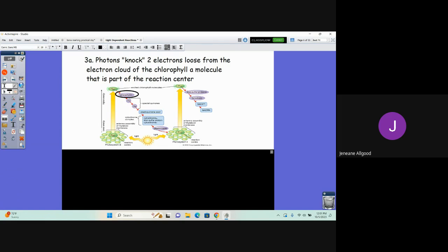All right, so photons knock two electrons loose from the electron cloud of chlorophyll A that is in the reaction center.